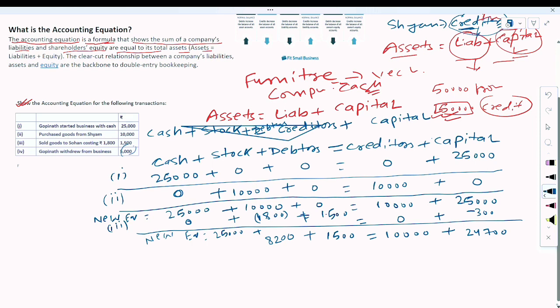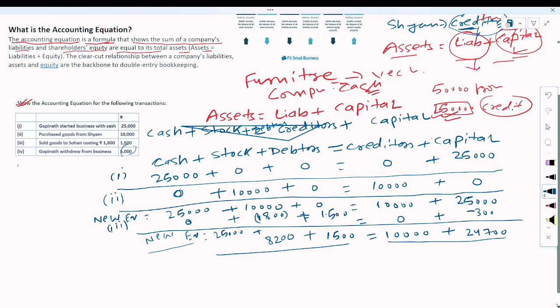Remember, at the time of preparing the new equation, you have to check whether your equation is correct or not. How will you check? This is your LHS and this is your RHS. Just add both sides. If both sides are equal, then your equation is correct.